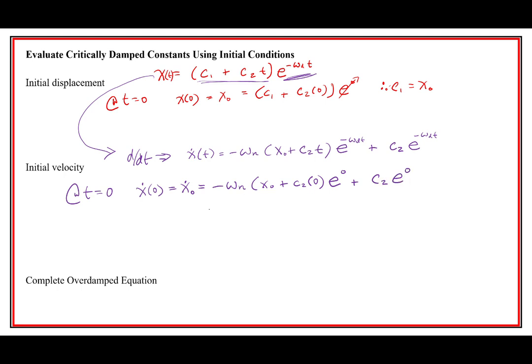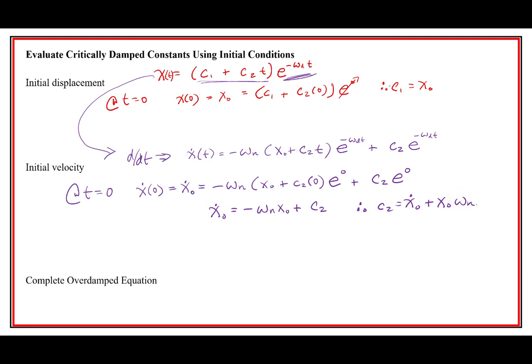And summing all that up, we'll get x dot naught is equal to negative omega n x naught plus c2. Therefore, c2 is equal to x dot naught plus x naught times omega n.